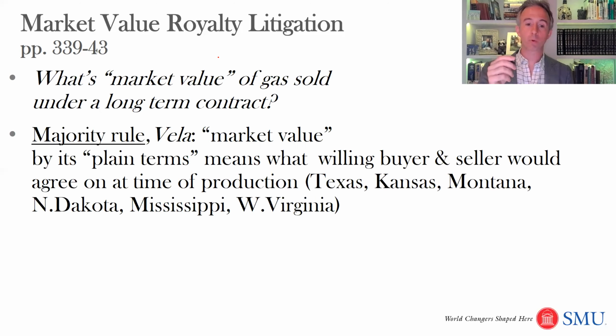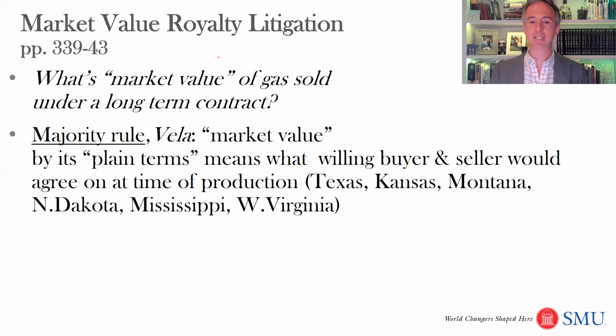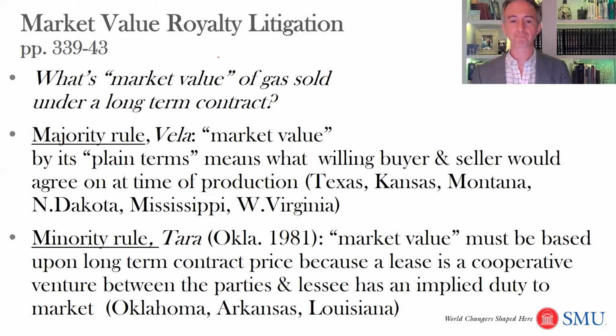So the majority rule, which is the rule in Texas, is this Vela rule. Market value seems to say what a willing buyer and seller would agree on at the time of production. So it's that market value whenever it was produced. That's the rule in Texas, Kansas, Montana, North Dakota.